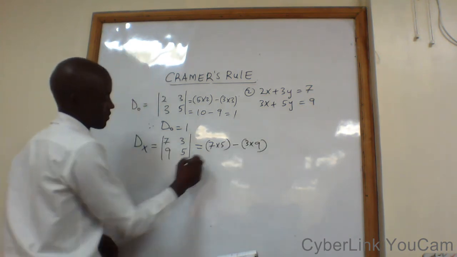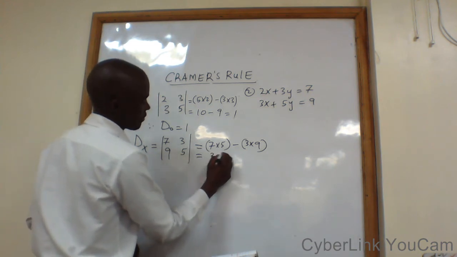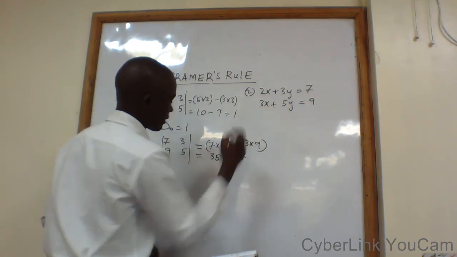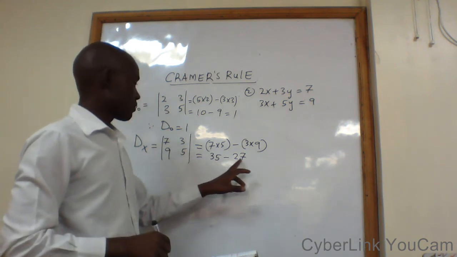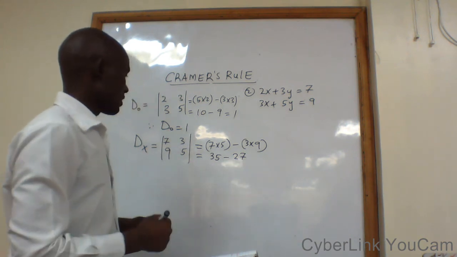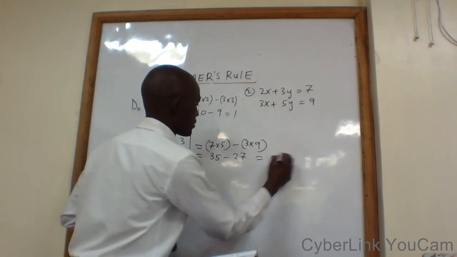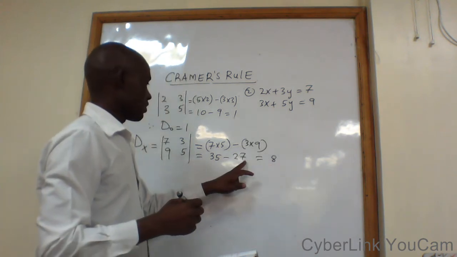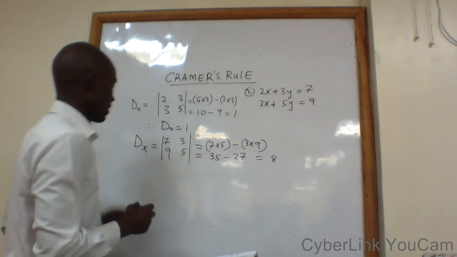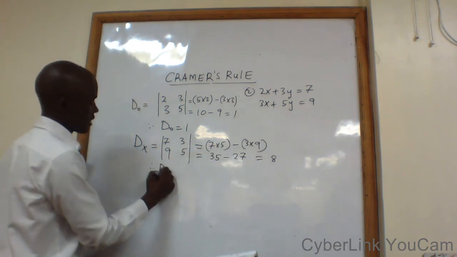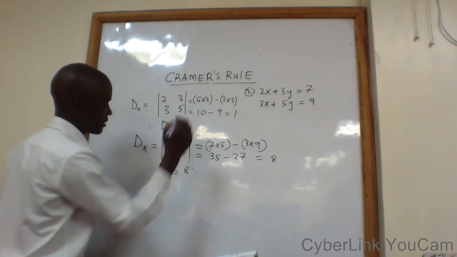If you take the difference, this is 35 minus 27, you will get it as 8. So the difference gives you 8. So therefore we can say our dx is equal to 8.